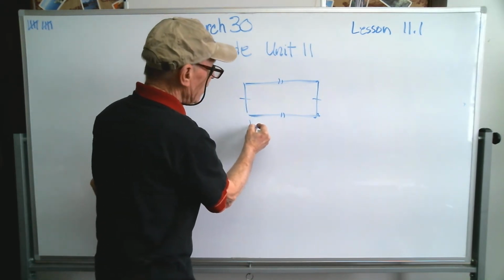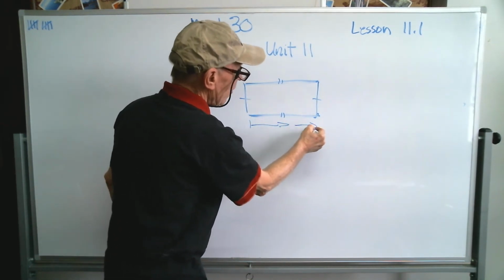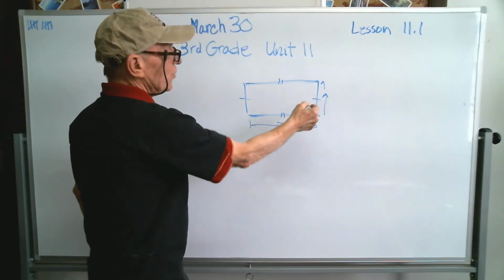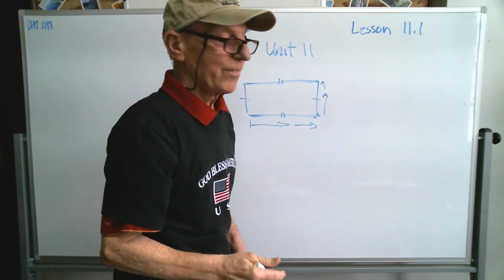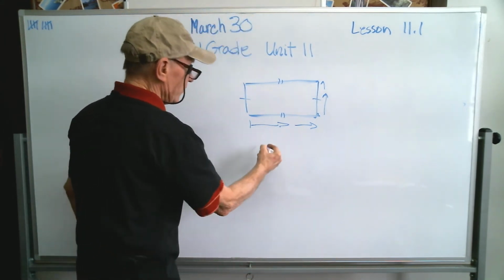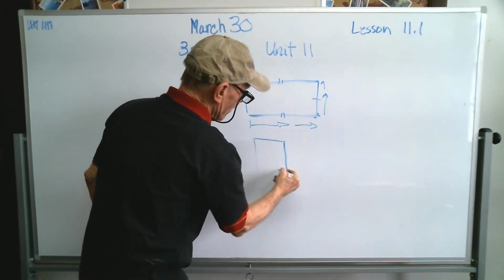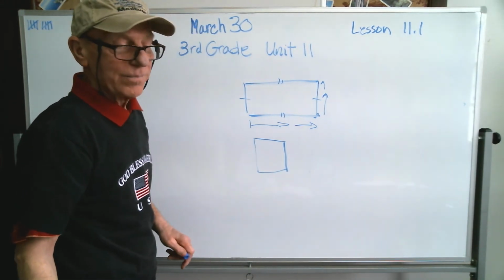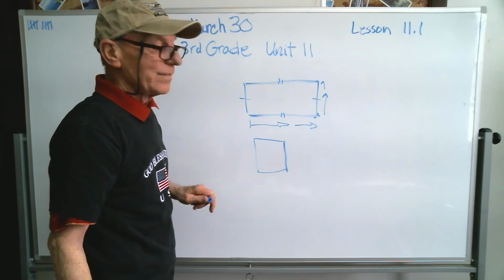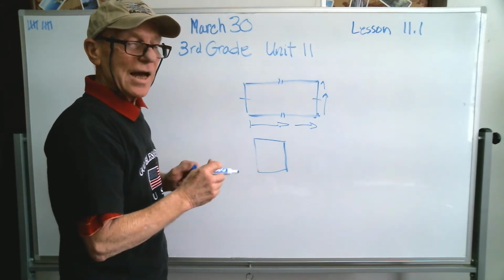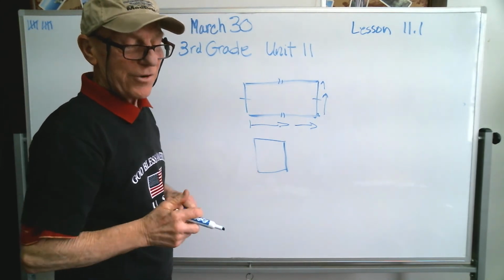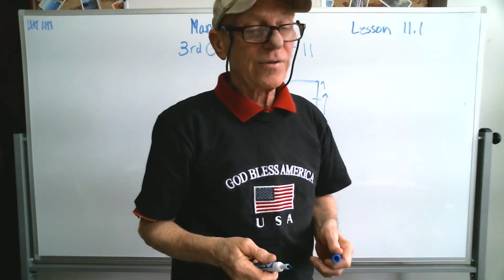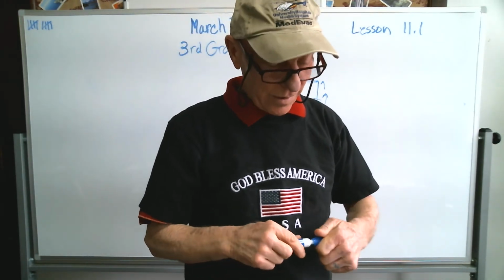This measurement here is longer than this measurement here. So they do not have equal measurements. If they had equal measurements, if all sides were equal, then that's a square. So a rectangle, two of the sides have a different measurement than the other two sides. All the sides are parallel with their pair.